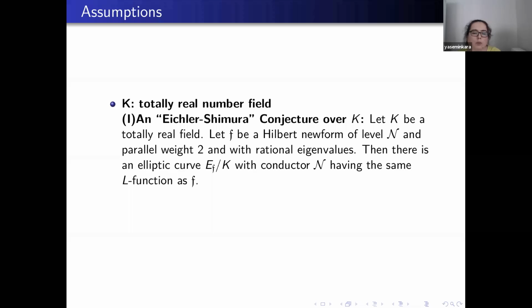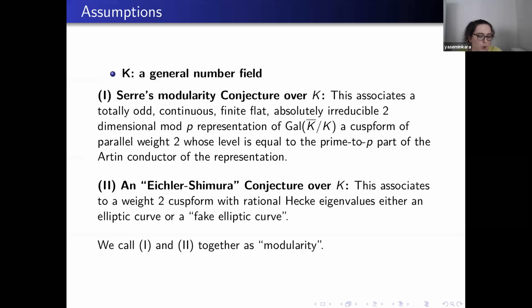Okay, but if you would like to prove this asymptotic Fermat conjecture for arbitrary number fields, then when we say modularity assumption, you actually have two assumptions. One of them is a version of Eichler-Shimura for an arbitrary number field.